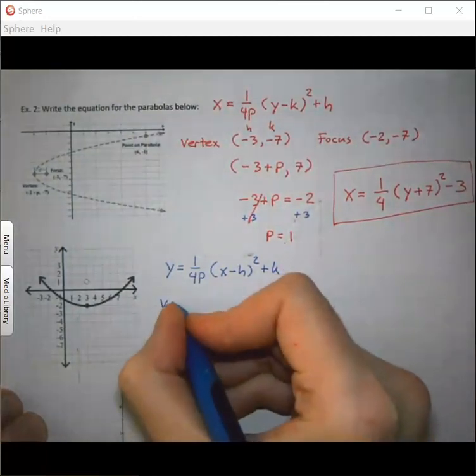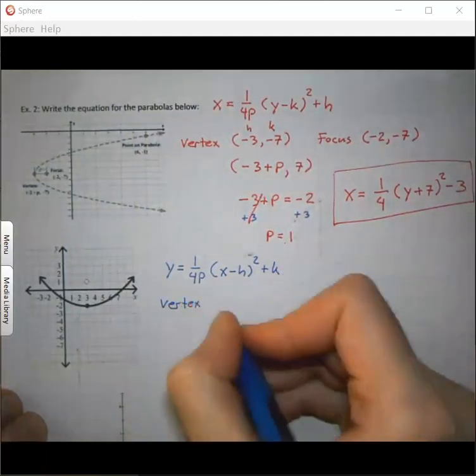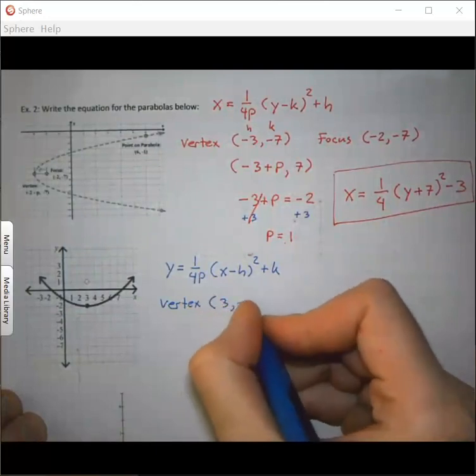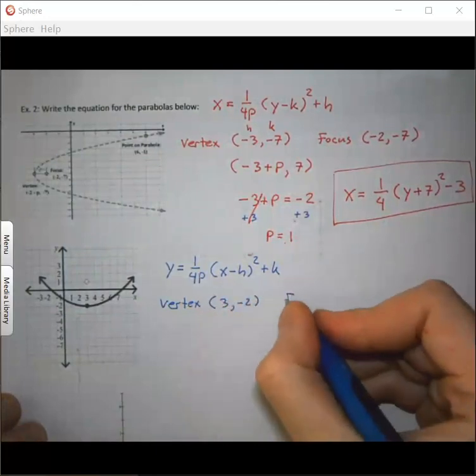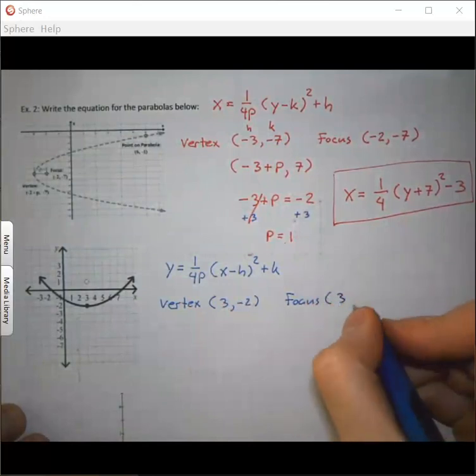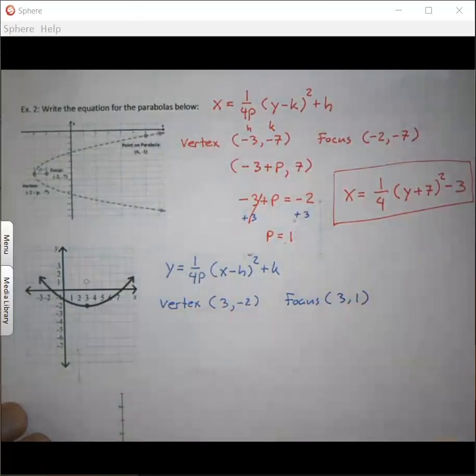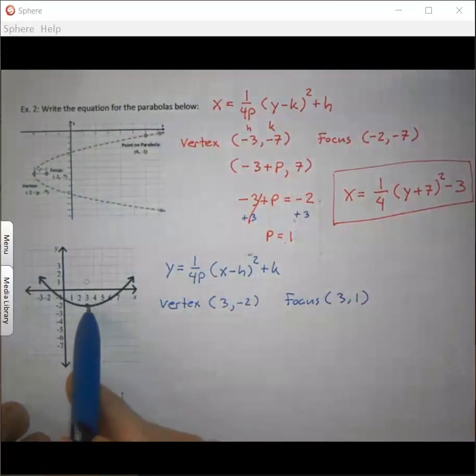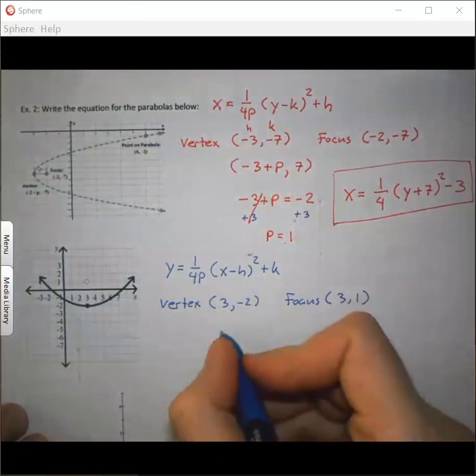So we have our vertex, 3, minus 2, and our focus is at 3, 1. Since this one is opening up, to go from our vertex to the focus, going up, we'd add to a y value.